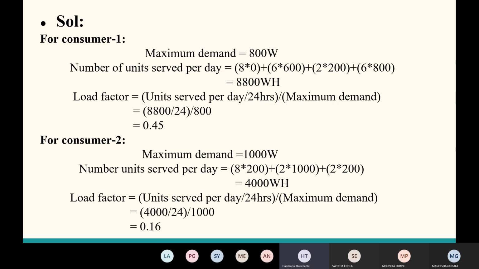Therefore load factor of consumer 1 equals units served per day divided by maximum demand into 24, the number of hours in a day. 8800 divided by 24 into 800.